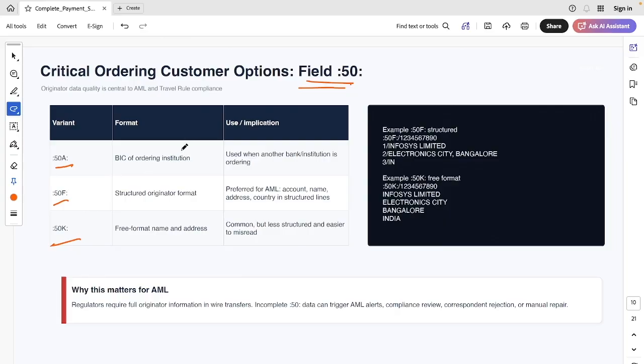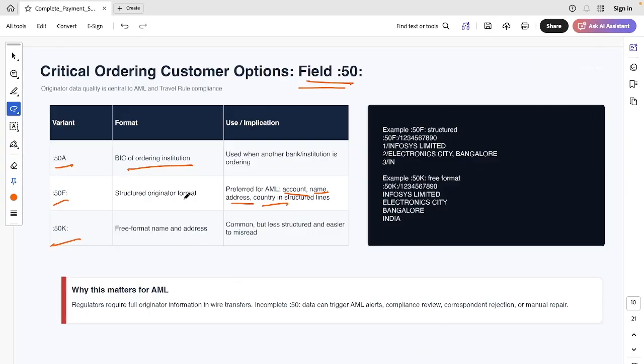So 50A is actually BIC based. 50F is structured and preferred for AML because it separates the account number, it separates the name, it separates the address and country in a structured format. Then we have 50K. 50K is a free format. It is very common because it is less structured. It can be harder to screen and interpret.